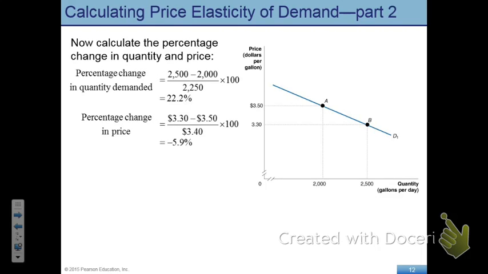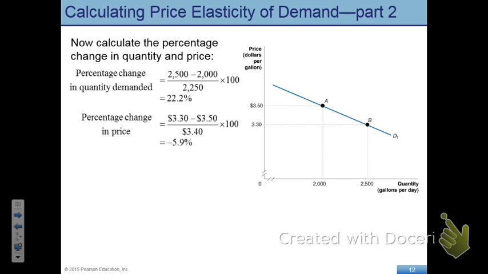Then the percentage change in quantity demanded is going to be, you take the new value of the quantity demanded, which is 2,500, because we are assuming prices are going down. So if price goes down, your quantity demanded increases. 2,500 is my new quantity, 2,000 is my old quantity. I calculate the numerator as they are showing it, which is 2,500 minus 2,000.